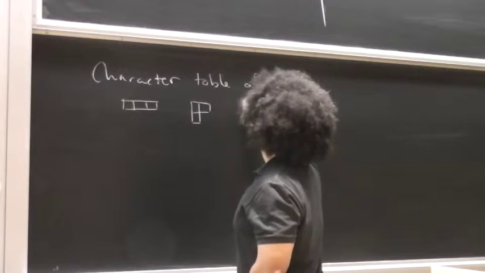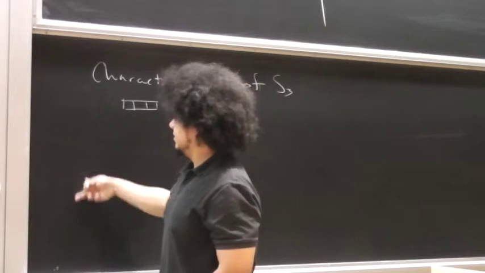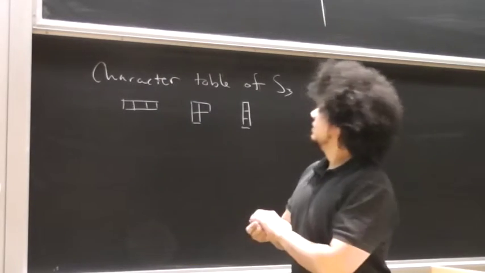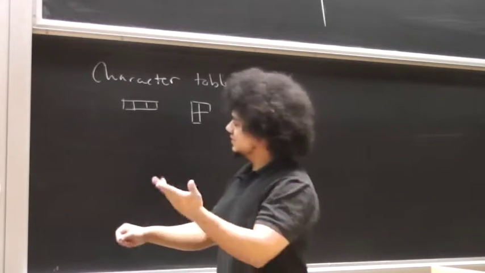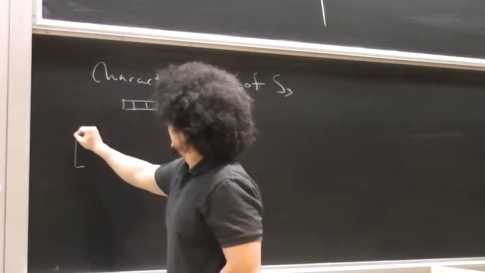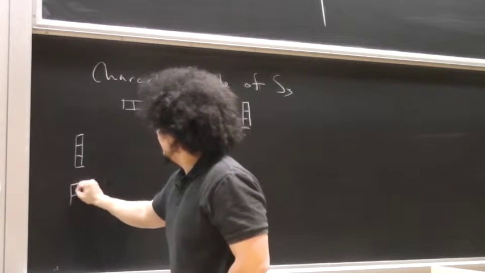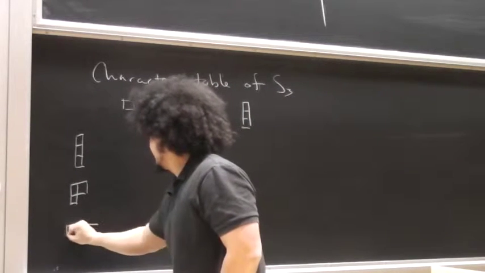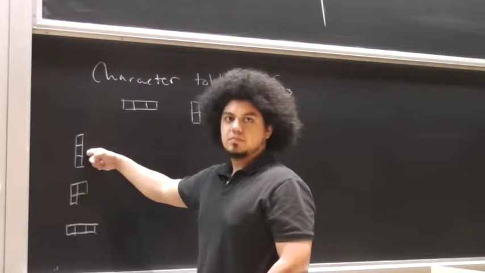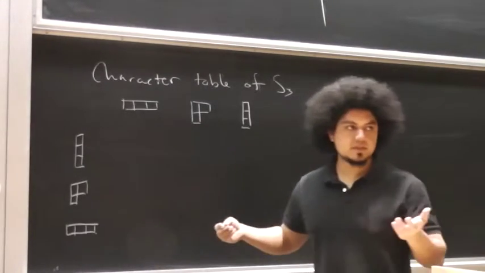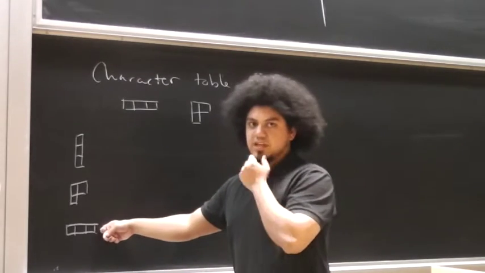This one, and then this one. And then here, I'll put the cycle types, but I'm going to put them backwards, just because I prefer it that way. So this cycle type corresponds to the identity element. And this one to the 3-cycle.